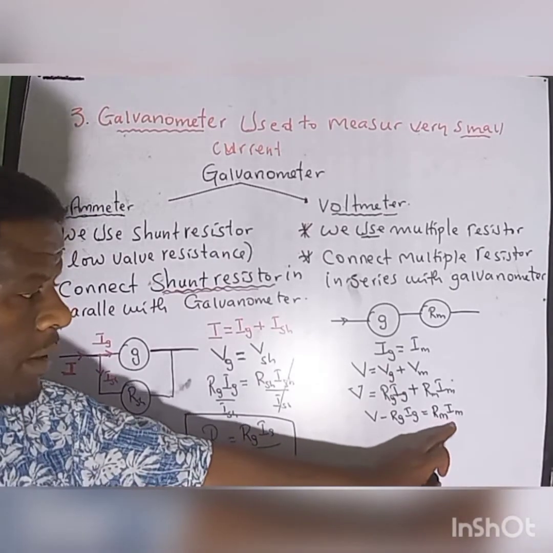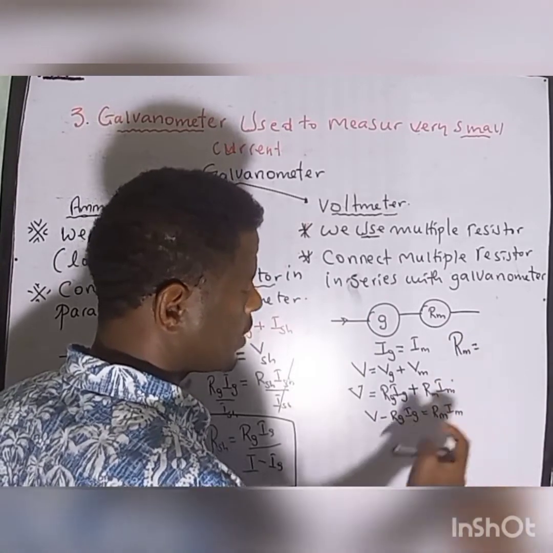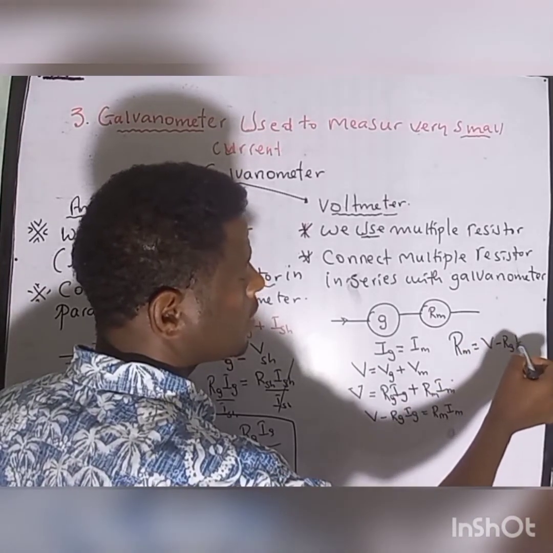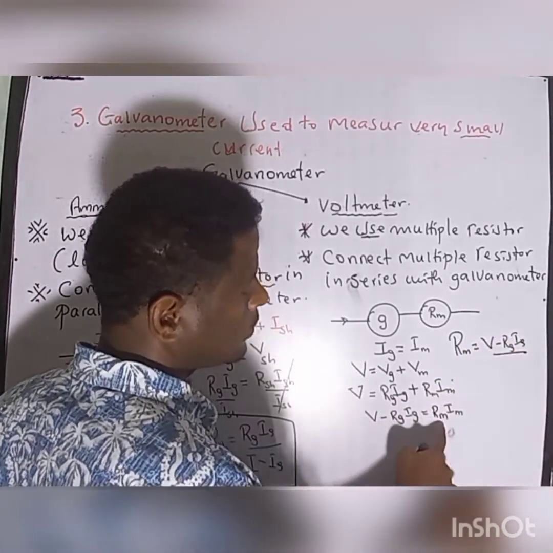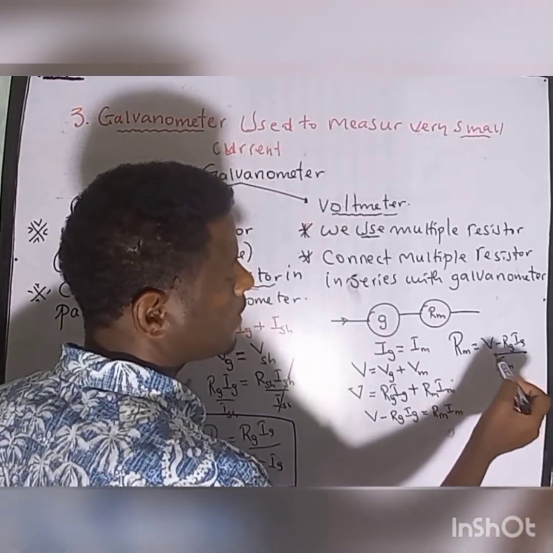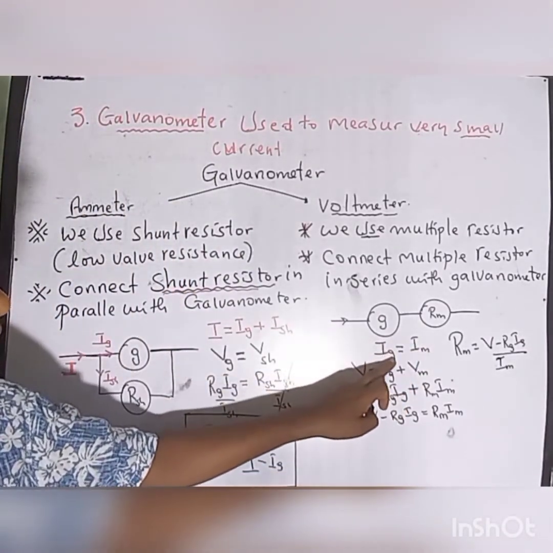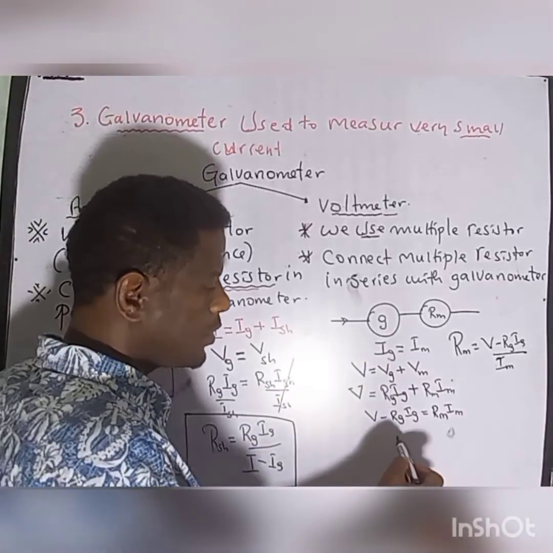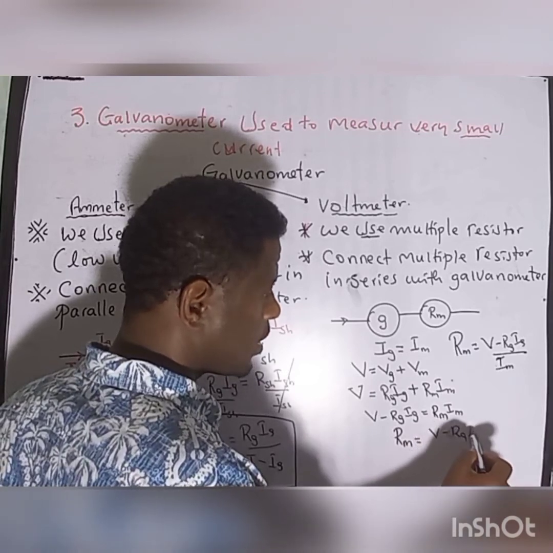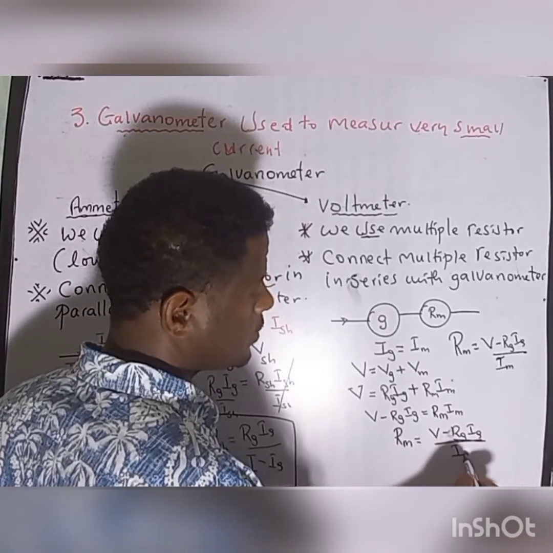And the value of the multiple resistor, Rm, equals V minus RG IG over Im, the current through the multiplier. Since the current through the multiplier and the current through the galvanometer are equal, the value of the multiple resistor equals V minus RG IG over IG.